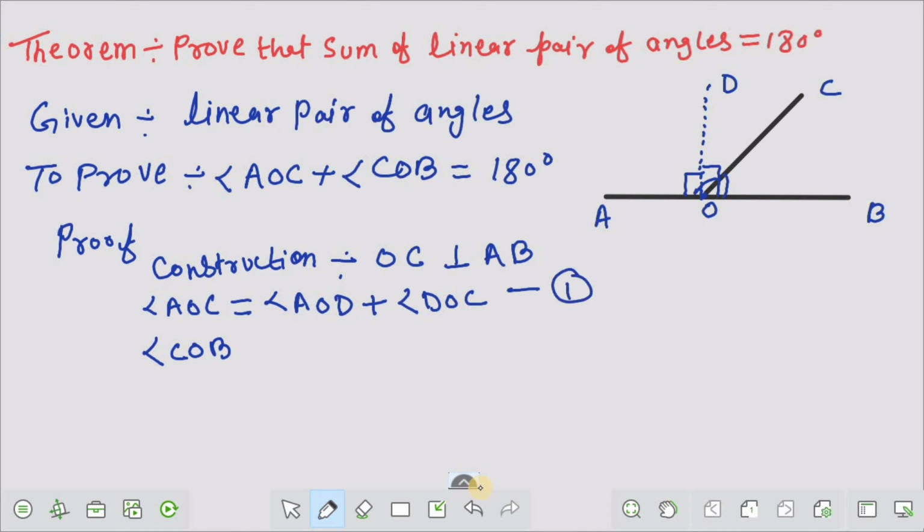Now angle COB, what can we say? Angle COB is equal to angle DOB minus angle DOC.